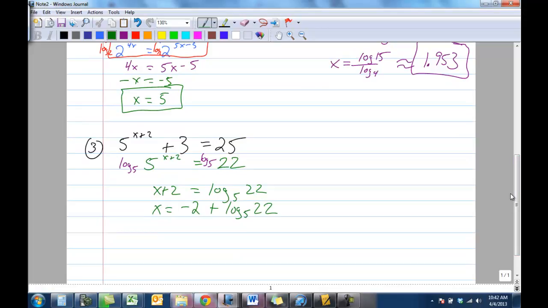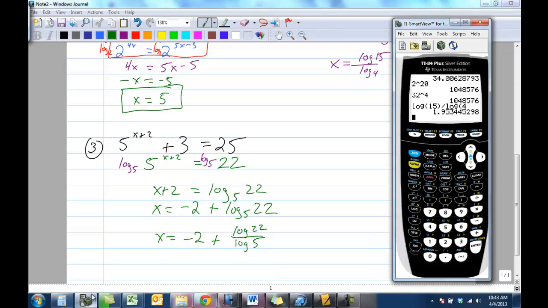So let's put that in our calculator. This is going to be x is equal to negative 2 plus the log of 22 divided by the log of 5. Now, our calculator is capable of putting that whole darn thing in here, right? Check it. Negative 2 plus the log of 22, close parentheses, divided by the log of 5.